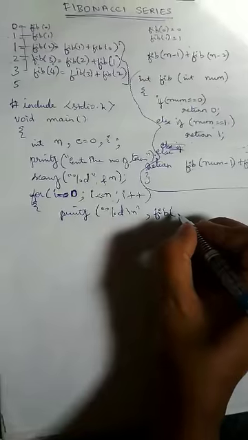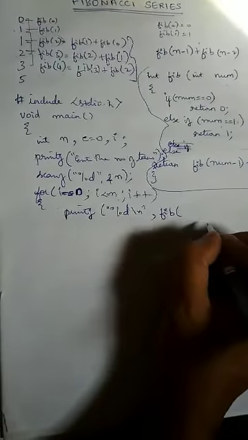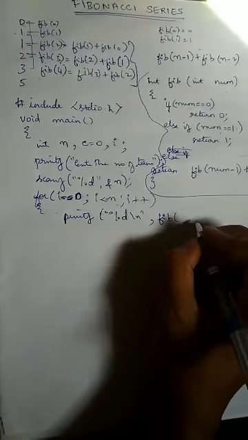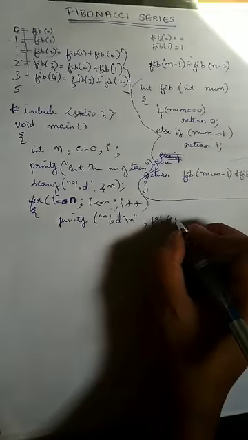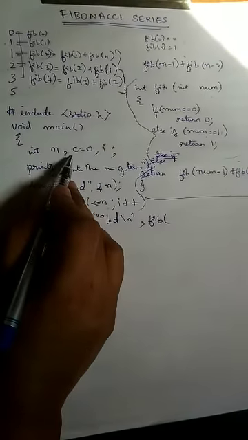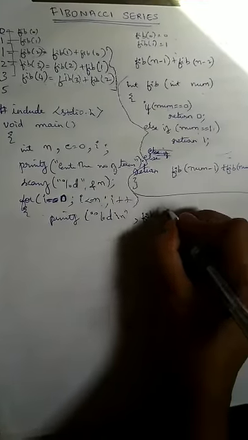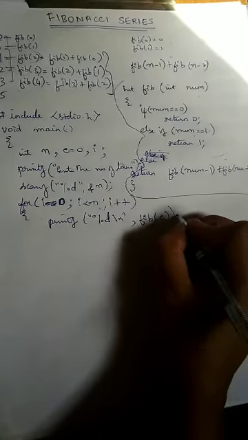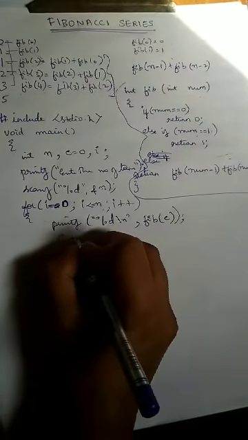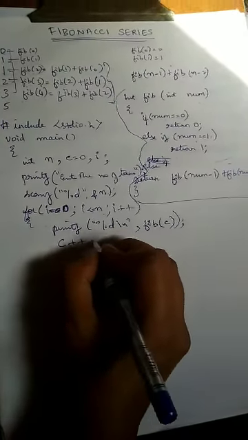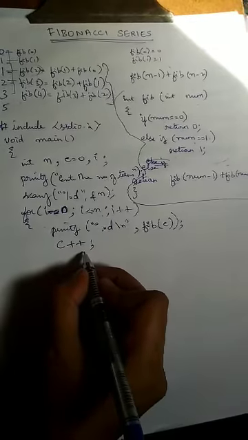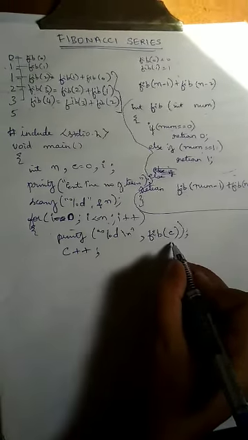So starting fib 0 I want to print, fib 1 I have to print. So to keep track, I have made use of one more variable, c is equal to 0. So I can send it as c. Next time I can send c++, so that c will get incremented by 1. So fib of 0 I will send.